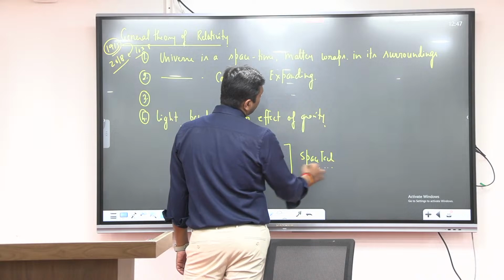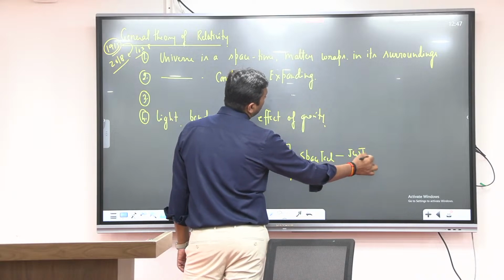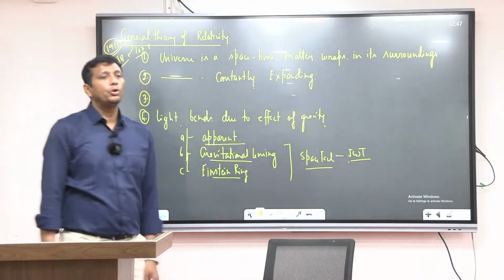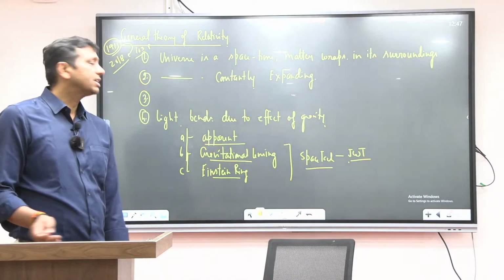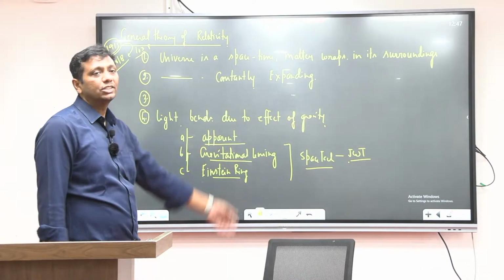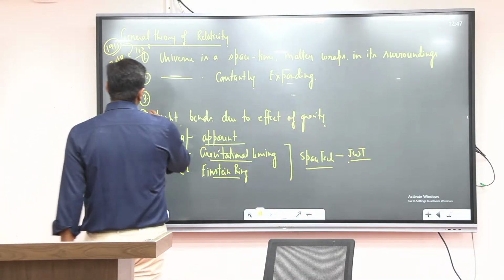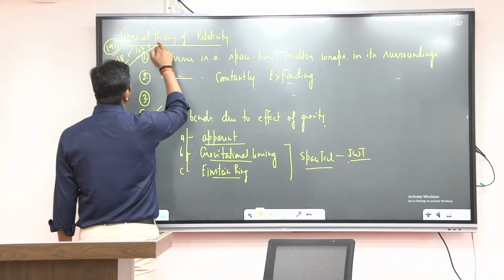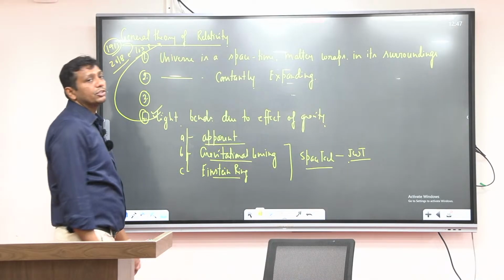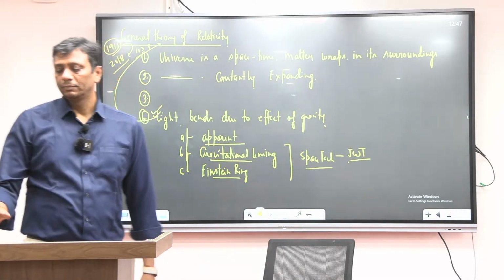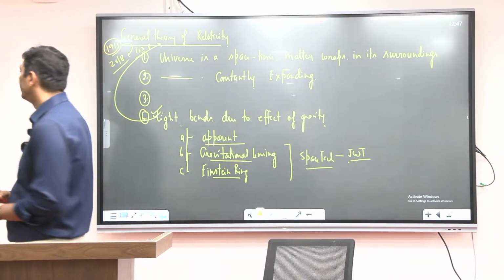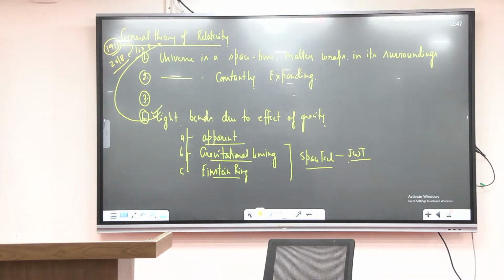The James Webb Telescope. I told you the James Webb Telescope has given the evidence about all the features of light bending due to the effect of gravity. But all these discussions under Einstein's general theory of relativity I'll discuss during the particle physics chapter. Understand? Did you understand?